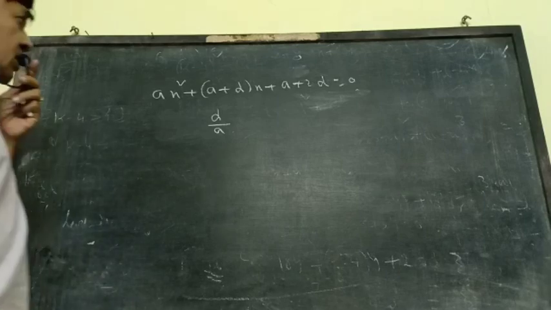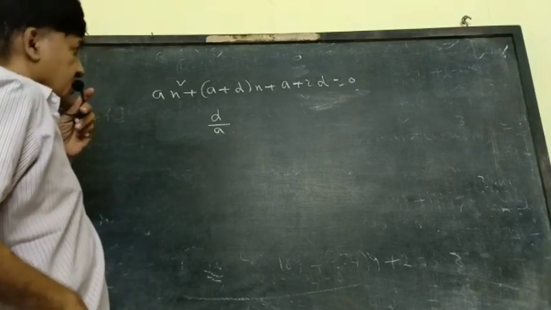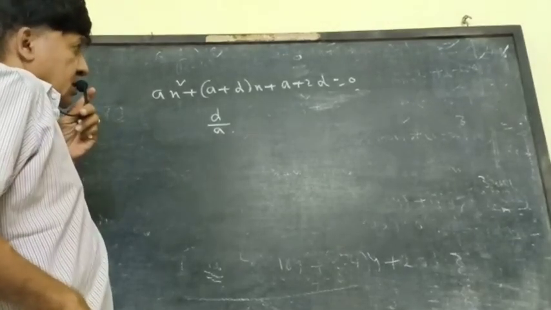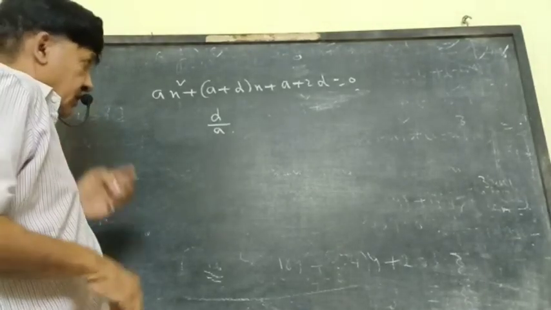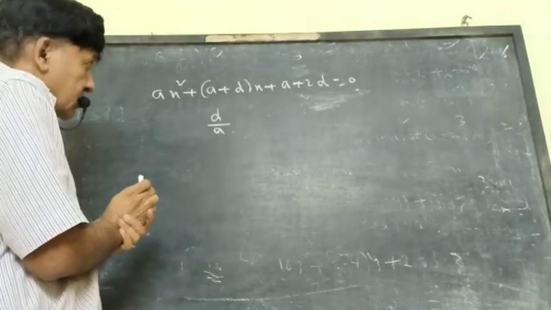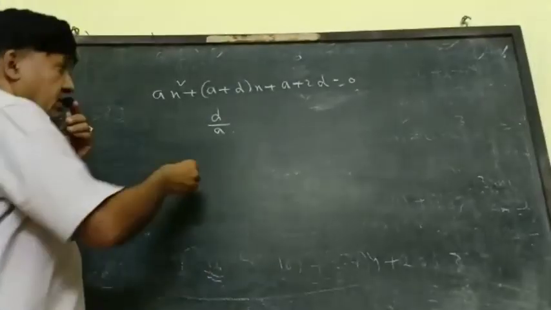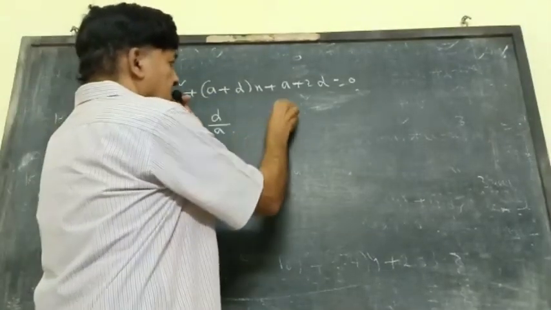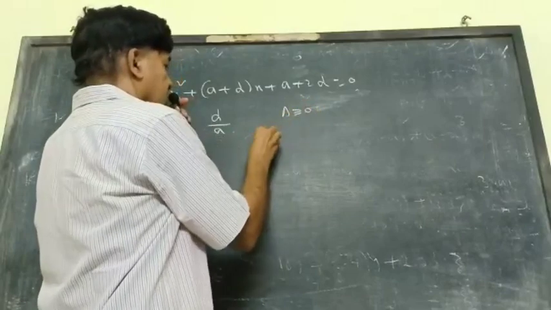So, there is a quadratic equation, the coefficients of which are A, A plus D, A plus 2D, which are in AP, and given that they form an increasing AP. Then what is the smallest integer value of D by A, provided this quadratic equation has real roots? Straight away, delta greater than or equal to 0 we put.